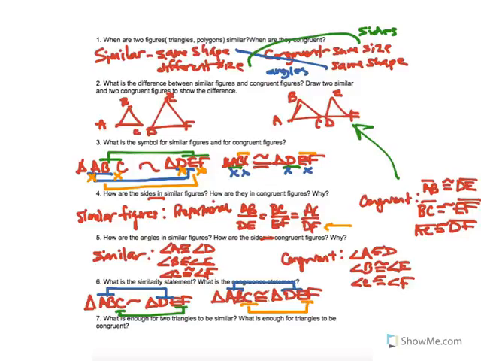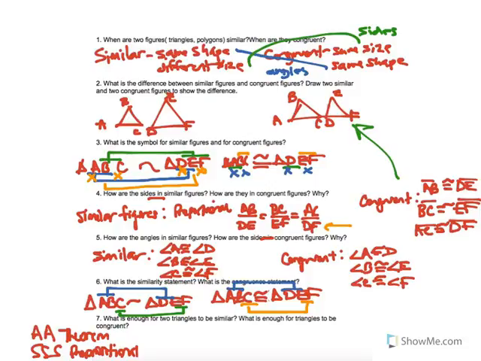Okay? What is enough for two triangles to be similar? What is enough for triangles to be congruent? So for two triangles to be similar, we have two postulates, angle-angle or side proportional. So this is saying that if two angles are equal, then we know it's a similar triangle.